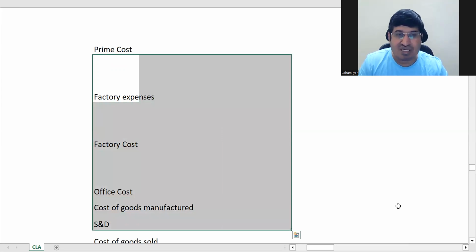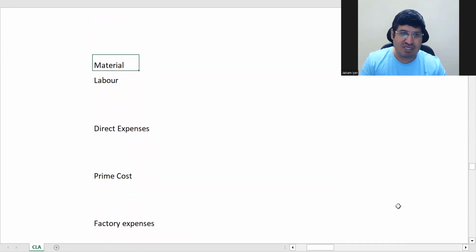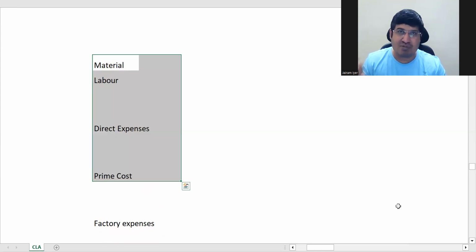There is something called absorption costing, which we will study in the next chapter, along with marginal costing. Absorption costing is called full cost basis. In absorption costing, till your prime cost it is considered direct cost. Same happens when you put trading and P&L account. This will be your direct cost.